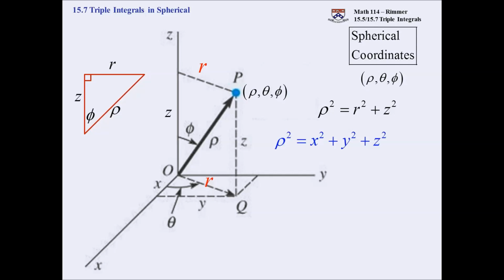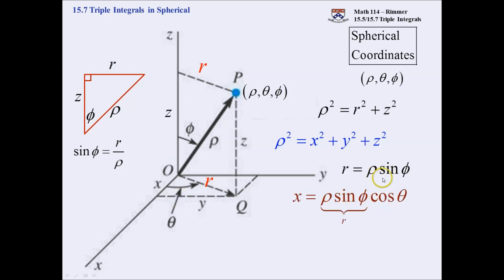Great. Now we go to trig, and we look at phi, and use sine. The sine of phi is the opposite, r, over the hypotenuse, rho. So r is rho sine phi. Well, that's going to be our connector. We know that in polar, the theta and the r give you the x. x is equal to r cosine theta.